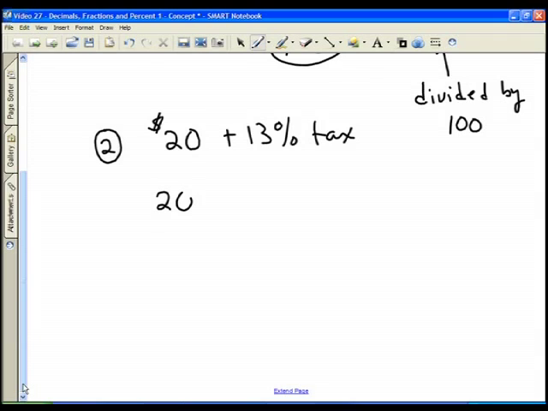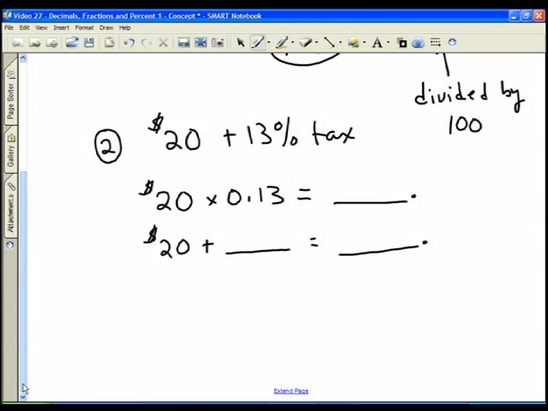So we could have $20, and we know that 13% is really 0.13. And so if we multiply 20 times 0.13, then we will get the total tax. And then if we take our $20, and we add our tax, that will give us our total bill.